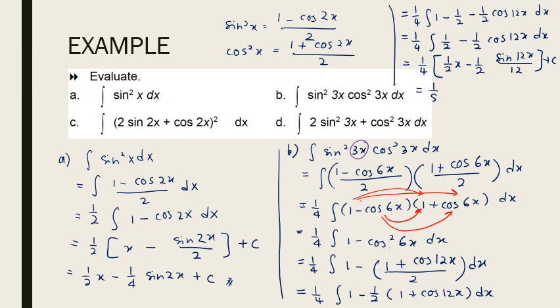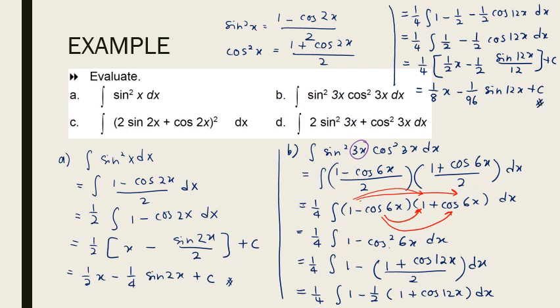Simplify: 1 over 8 x minus 1 over 96 sin 12x plus c. So this is the answer.